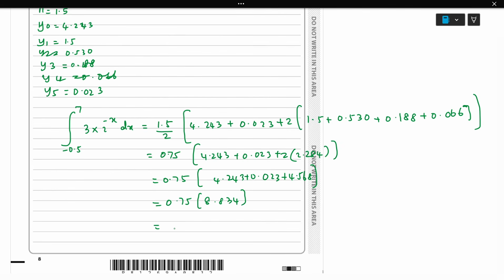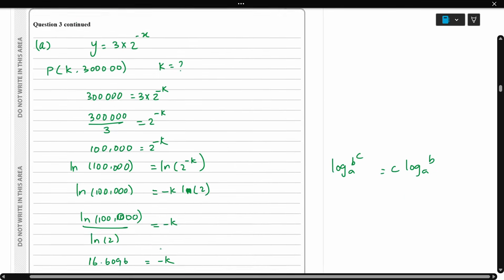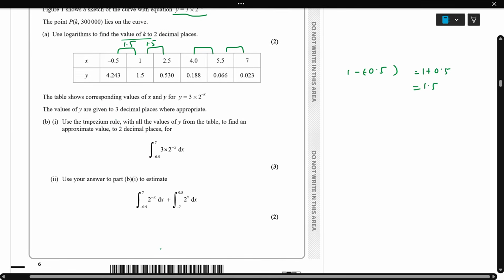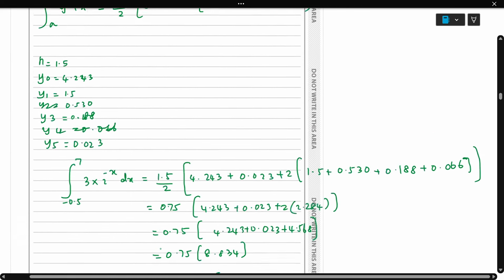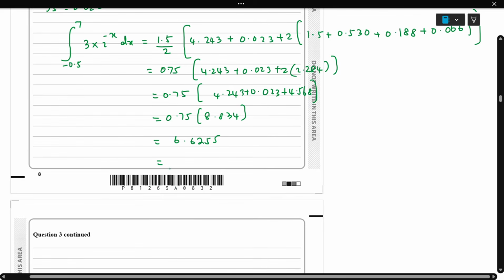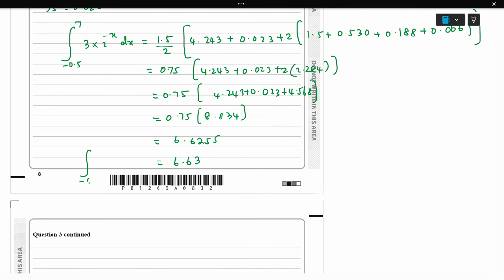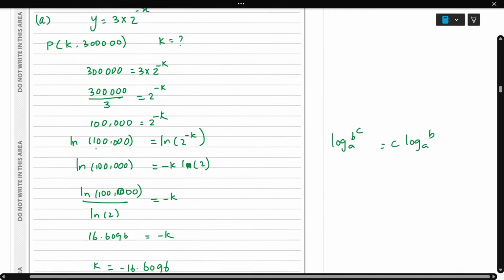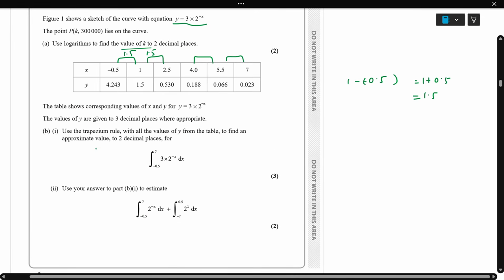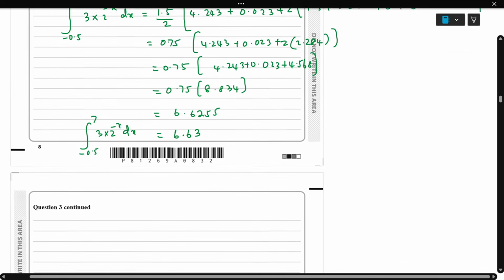So the answer is 6.6255. They asked for 2 decimal places, so we write the answer as 6.63. This is the answer of the integral of 3 times 2 power minus x dx with the limits minus 0.5 to 7, which are already given. Okay, so this part is over.